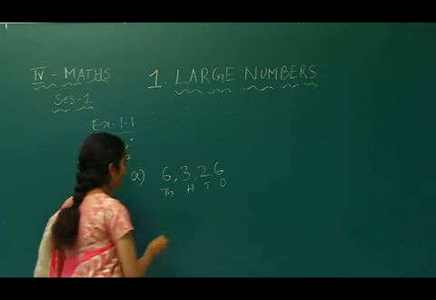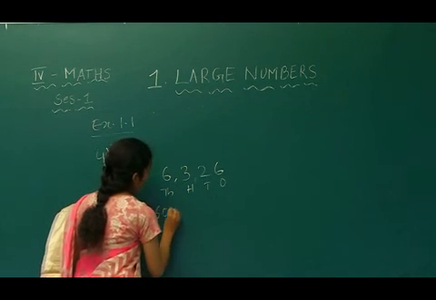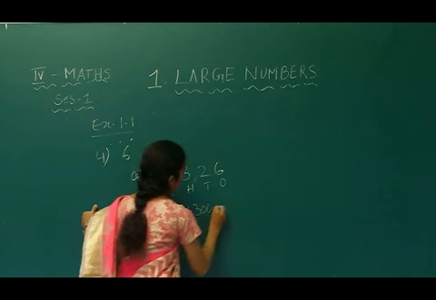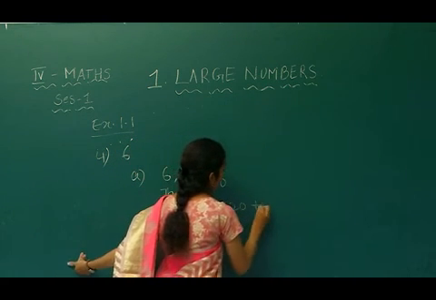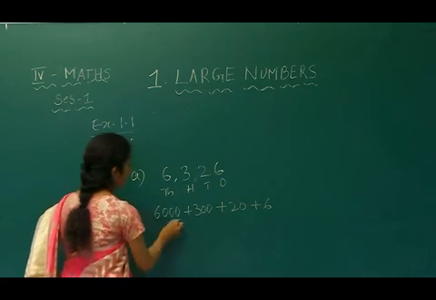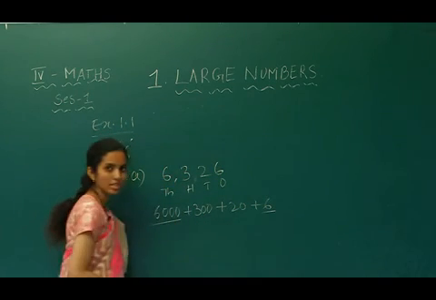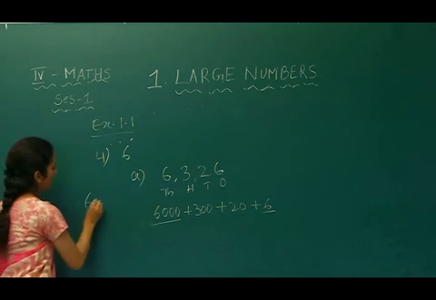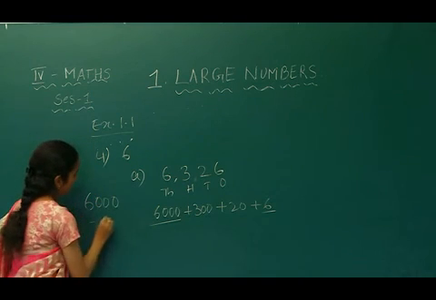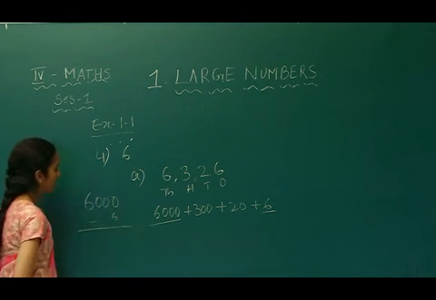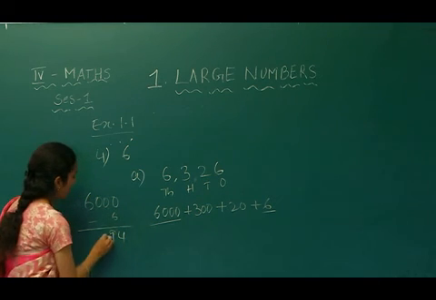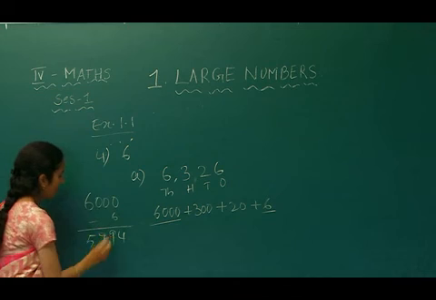So, write the expanded form. 6,000 plus 300 plus 20 plus 6. So, here 6,000 and here it is 6. So, 6,000 minus 6. What is 6,000 minus 6? 6,000 minus 6 is 5,994.